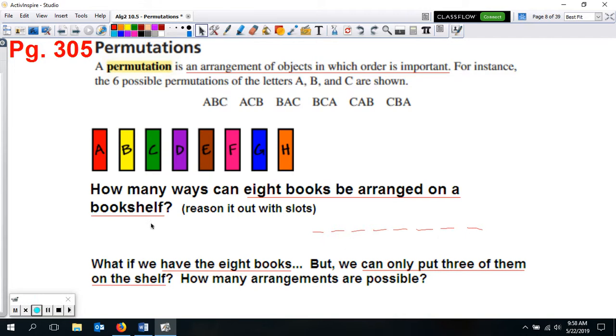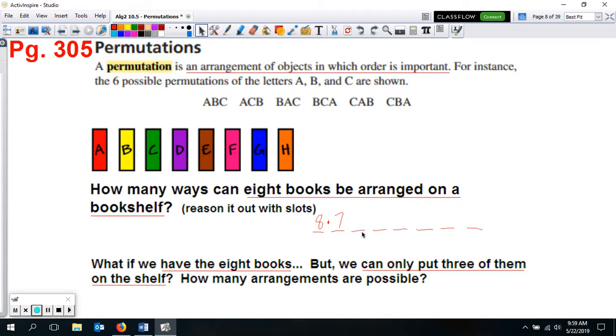As we start to reason this out, for the first slot you have 8 books to choose from, so there's 8 ways to choose for that first slot. But for the second slot, there's only 7 books left, so only 7 ways to do that. We're going to be multiplying all these number of ways together, so 8 times 7.